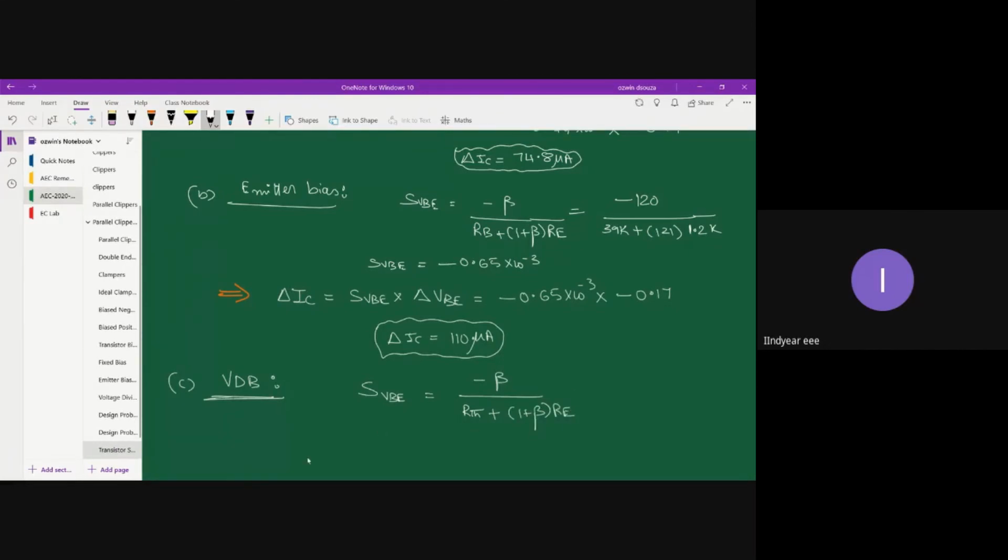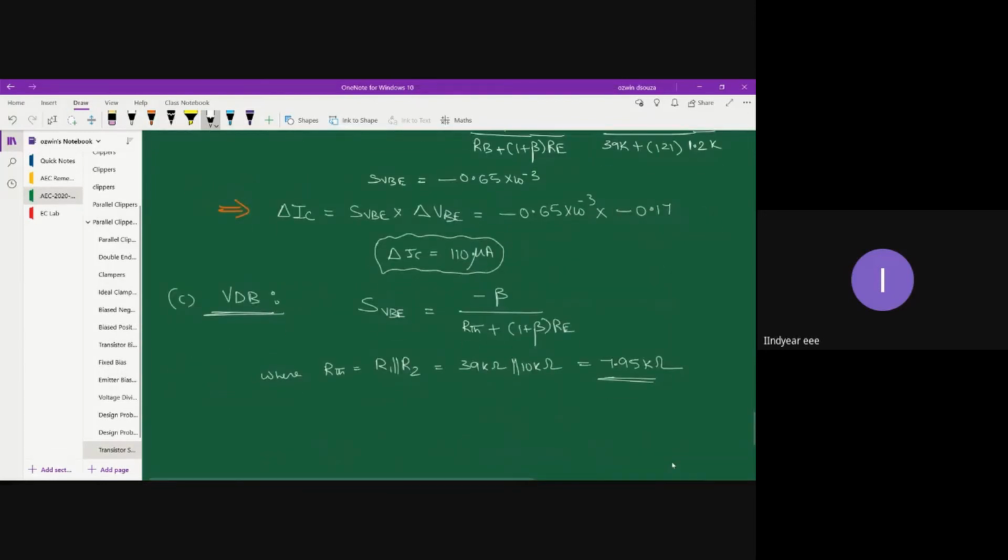Where RTH is R1 parallel with R2. So that's 39 kilo ohm parallel with 10 kilo ohm. Okay, so that you will get it as 7.95 kilo ohm. Please check my calculations.